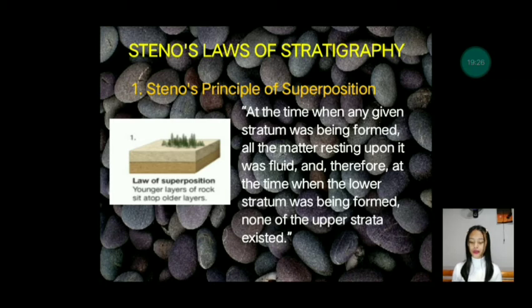The first and most important principle is today fairly obvious, but in that period, it was far from being considered like this. Known as the principle of superposition, it says that sedimentary strata are deposited in layers, with older ones at the base and newer on top.